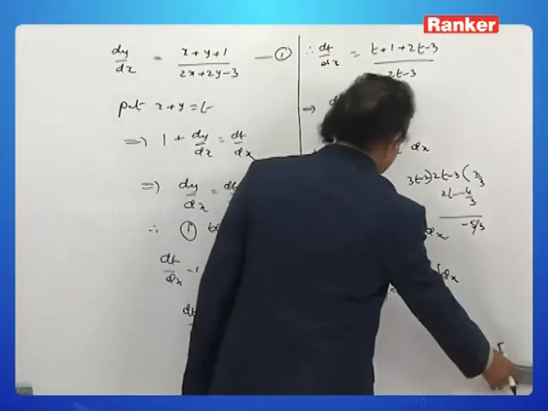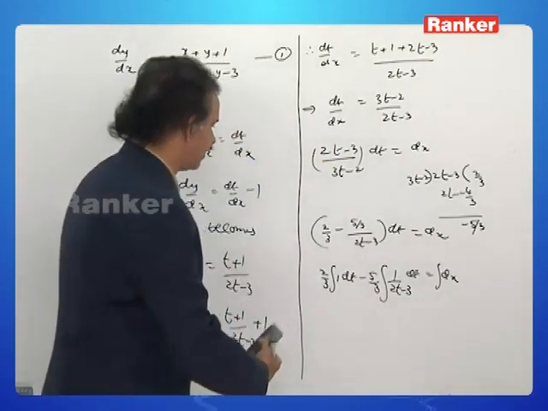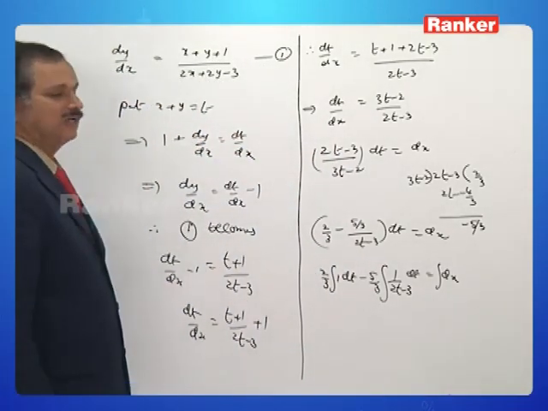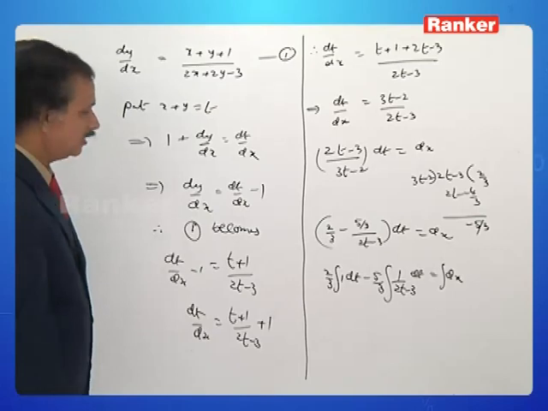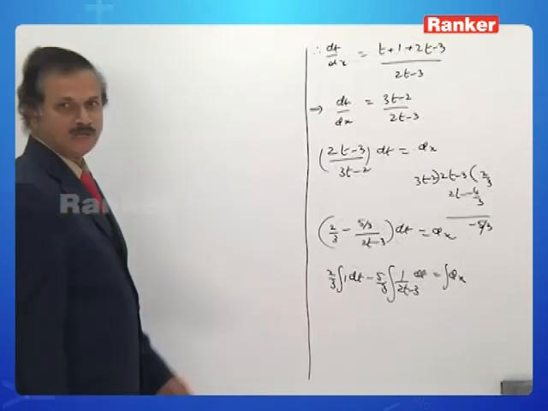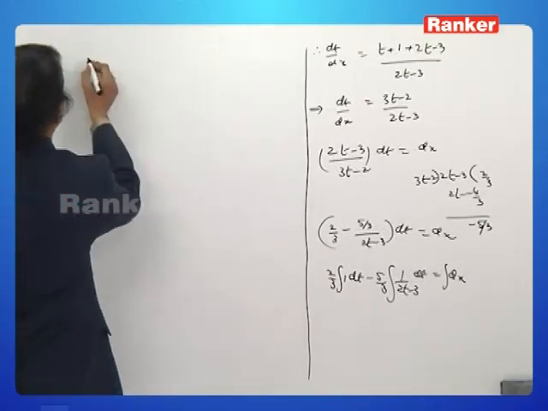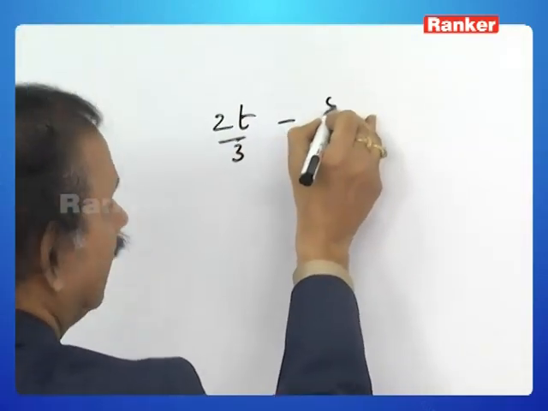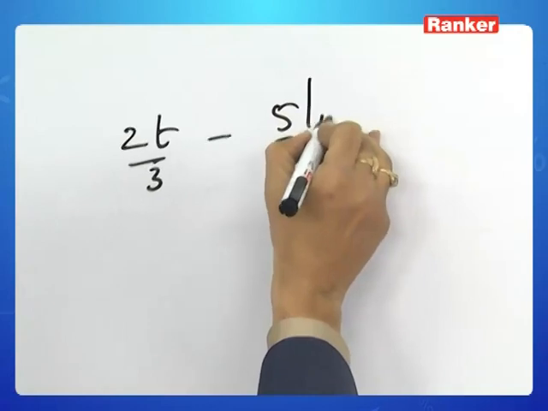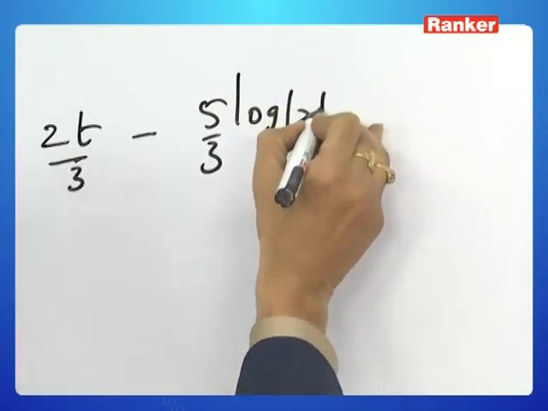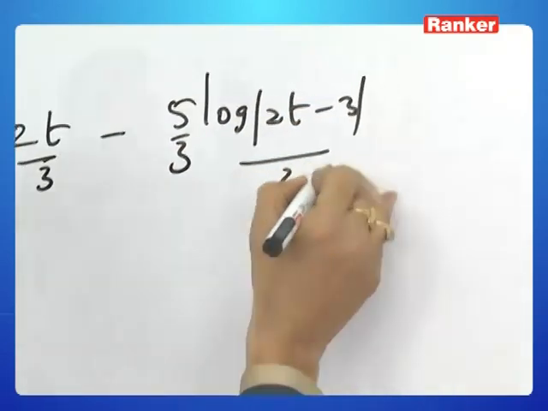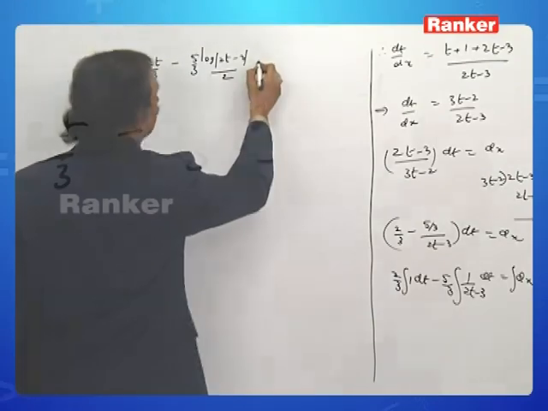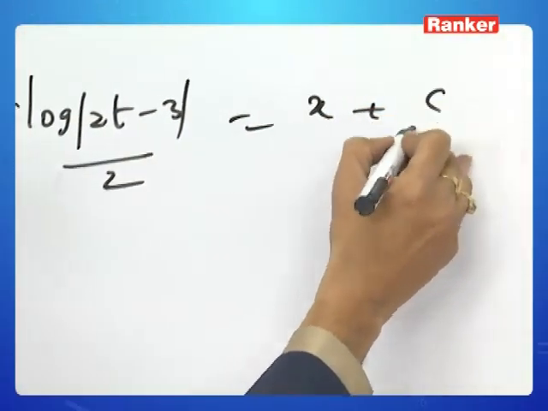And you could have understood that we have already reached the position of climax to have the direct answer. We have it by following the last step. It is 2t by 3 minus 5 by 3 into log of 2t minus 3 by 2, don't forget it, is equal to x plus c by 6.